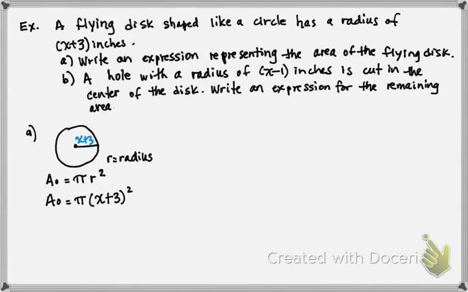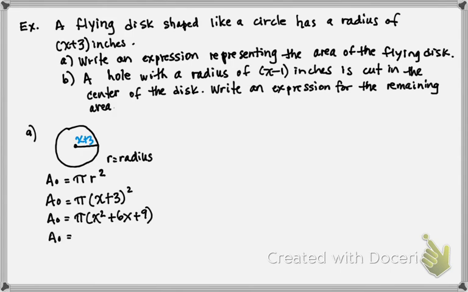It's just little tricks. So using our shortcut, I'm going to square x, that gives me x squared. I'm going to multiply x and 3, 3x, double it, 6x. I'm going to square 3, 9. Now, there's two ways to write this answer.